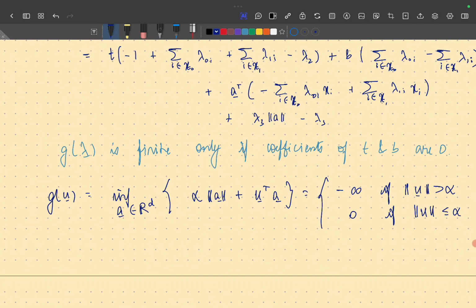Alpha is taken to be non-negative here, because you're minimizing with respect to A. In the conjugate, you are maximizing something minus the norm of x with respect to A.